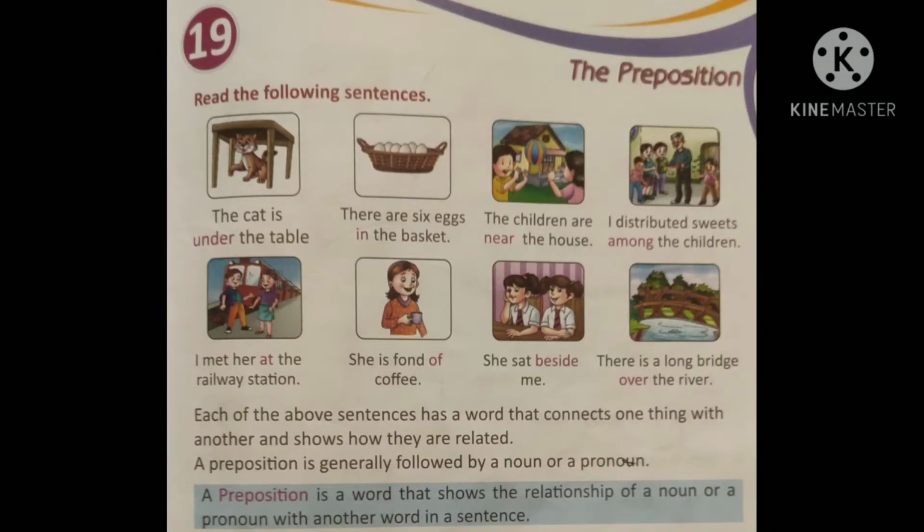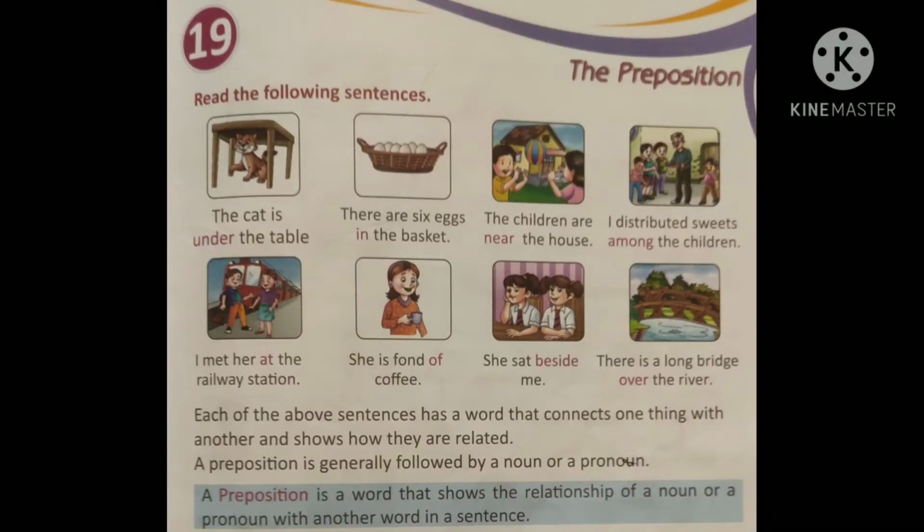Children, in each of the above sentences, there is a word that connects one thing with another and shows how they are related. A preposition is generally followed by a noun or pronoun. A preposition is a word which shows the relationship of a noun or pronoun with another word in a sentence.